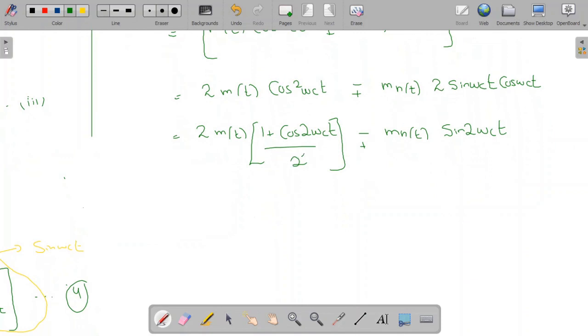So now this 2 and this 2 will be cancelled out, and we are going to get m of t times 1 plus cosine 2 omega ct minus plus m h of t sine 2 omega ct.